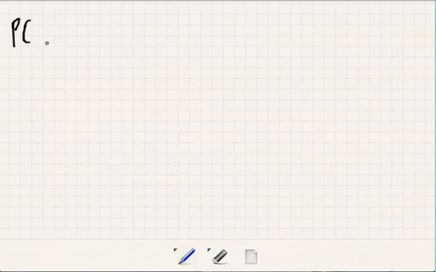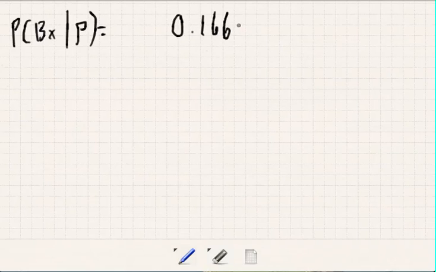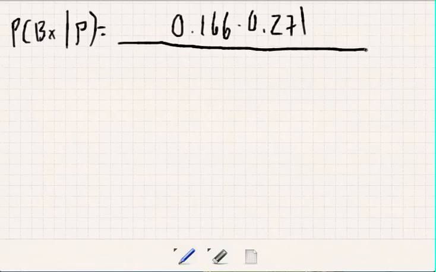The probability that you live in the Bronx, given that you live in poverty, is going to be the product across that first branch, which is 0.166 times 0.271, divided by the products along the branches that end in poverty along the rest of the branches.